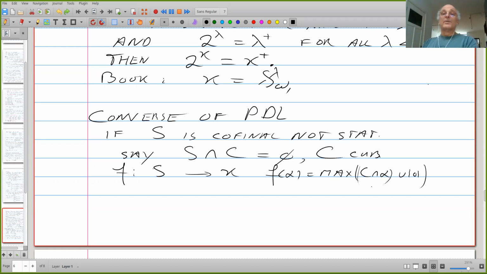you take the maximum of C intersect alpha. That supremum is a maximum. It belongs to C and it is smaller than alpha. This function is regressive and only constant on bounded sets.